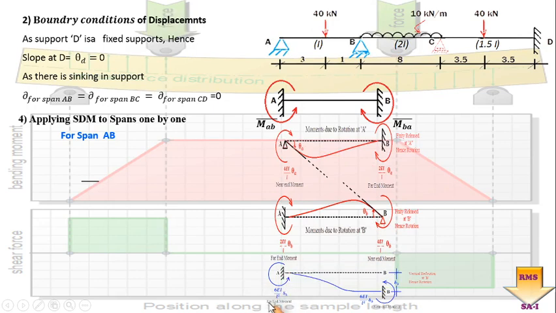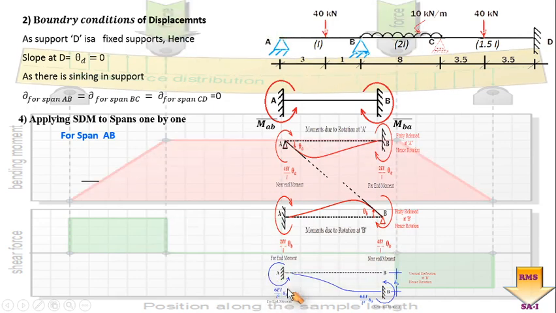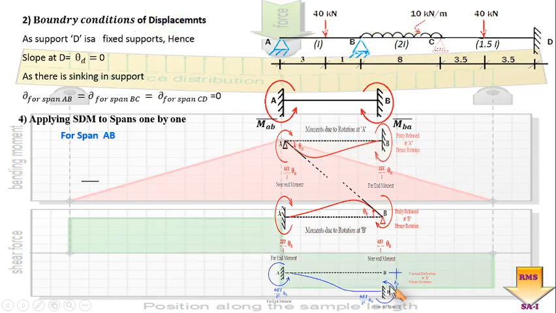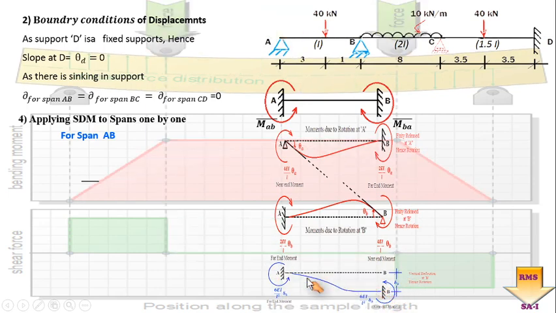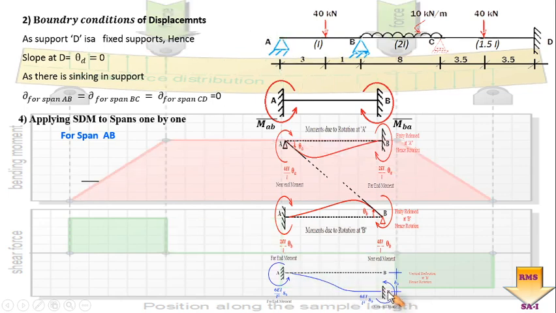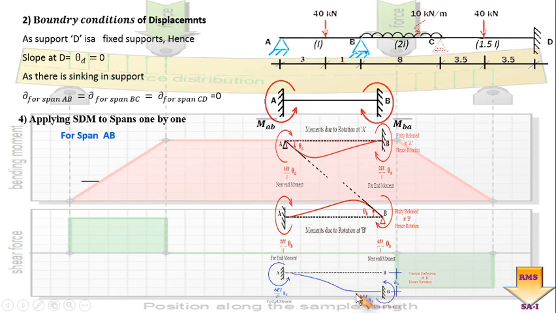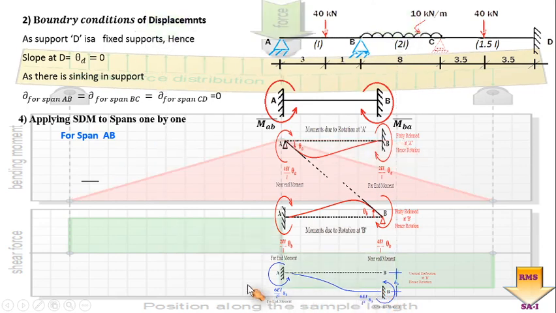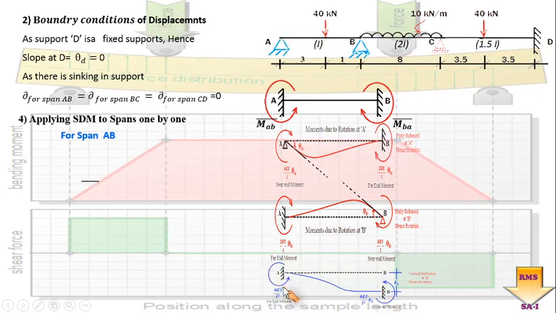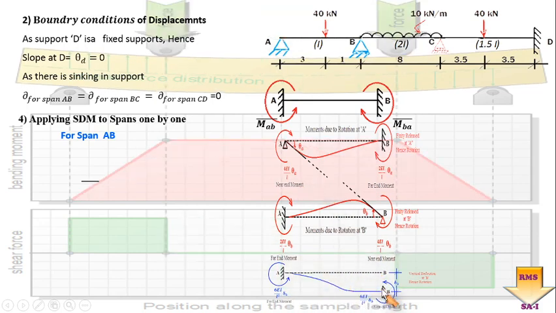So here you can see 6EI delta by L square is the moment happening due to the sinking effect about point B, and the signs are both the same for the rotation about B and about point A. So here you can see anticlockwise rotation of magnitude this much is the same about this particular A joint. So this is not true when we deal with the sinking of the support.